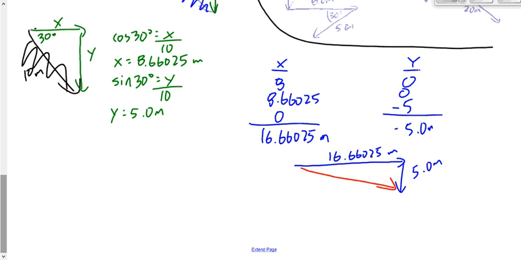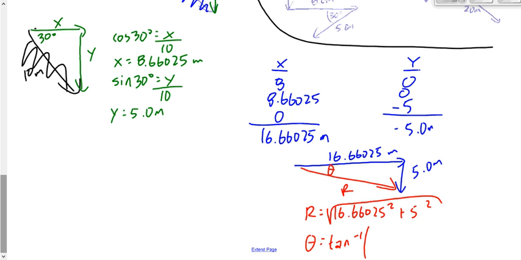I can find it by doing the Pythagorean Theorem. And theta, always measure the start, the inverse tan function. Opposite over adjacent here, right? What's opposite, 16 or 5? Which one's not touching the theta? The 5.